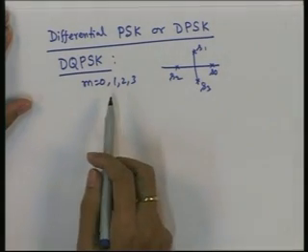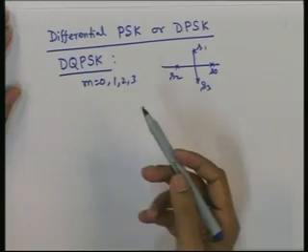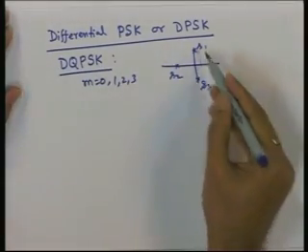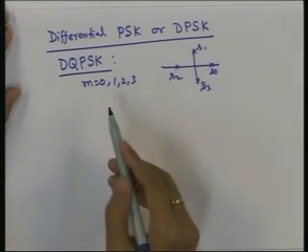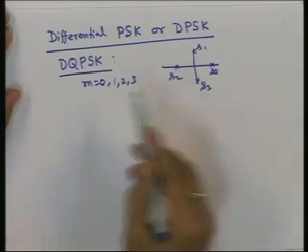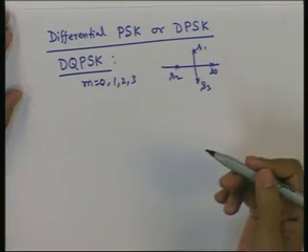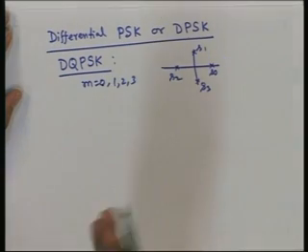But in DQPSK, just like NRZI, we do not transmit the exact point based on what we want to transmit, but we change the phase based on what bits we need to transmit. If we want to transmit m equal to 0, we do not change the phase. Whatever we transmitted in the last symbol interval, we transmit that. Now, if we want to transmit 1, we rotate the point.